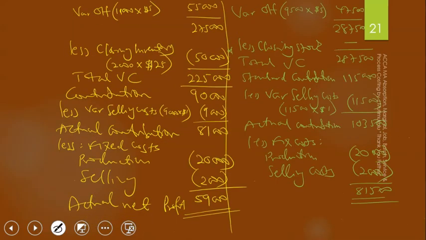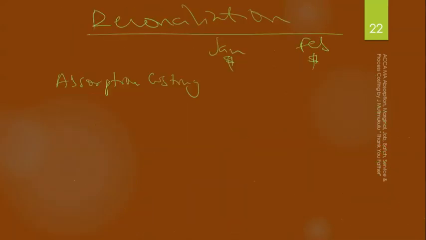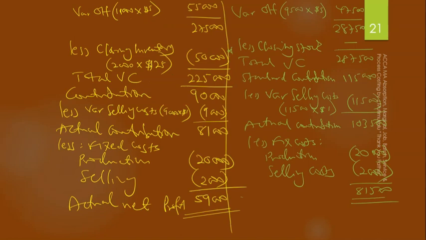So let us plot in those figures. And then for marginal costing, we determined a profit of 59,000 and 81,500.